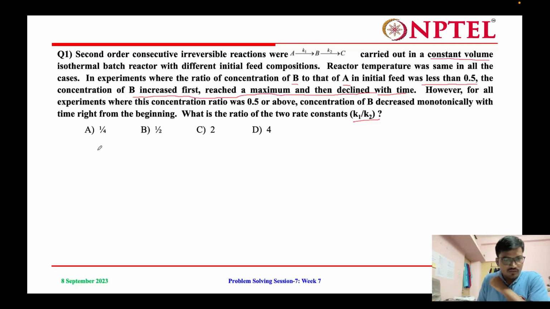So for CB naught by CA naught less than 0.5, it is mentioned that the concentration of B increases first, reaches a maximum, then declines with time.